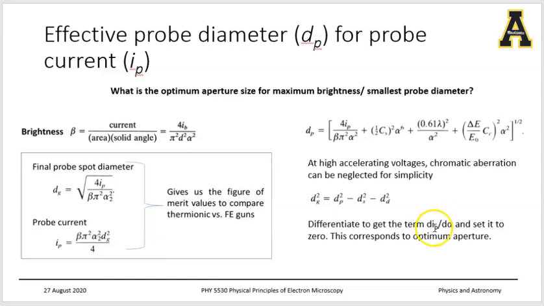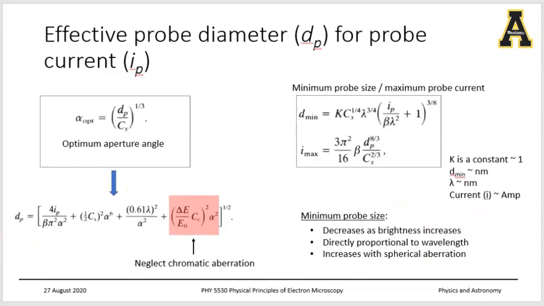If diP over d alpha is 0, that means at that condition you have maximum brightness within the smallest probe diameter. If you do the math, you will end up getting these relationships where alpha optimum is the optimum aperture angle, where you have the maximum brightness for the smallest probe beam.